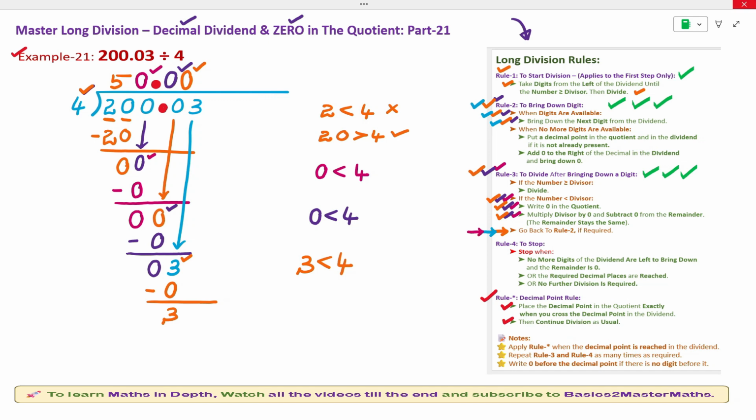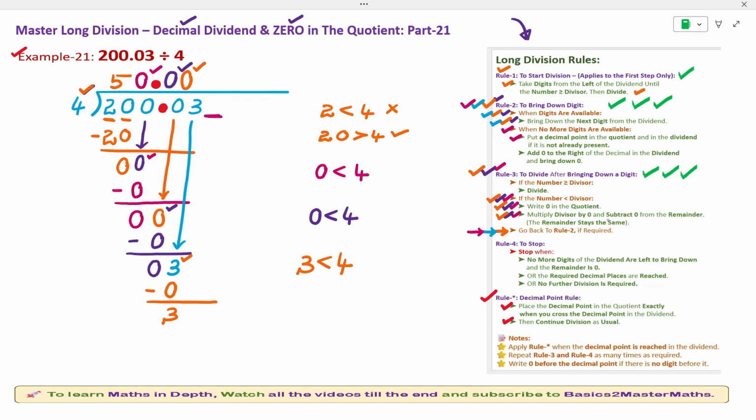Let us go back and apply rule 2 again. Observe carefully. There are no more digits available on the dividend to bring down. So, as per rule 2, when no more digits are available, put a decimal point in the quotient and in the dividend if it is not already present.